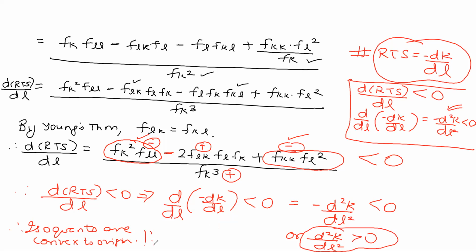So in order to show that isoquants are convex to the origin, you start with dRTS by dL, and RTS itself is equal to FL by FK.